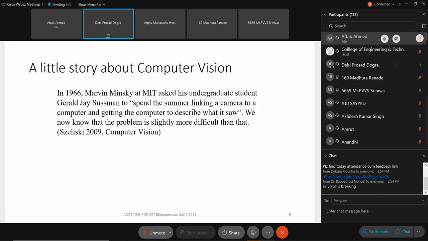You can understand that in the 60s, when the computer itself was not easily available, it was not in the form of semiconductors, it was in the form of vacuum tubes. You can understand how difficult it was. But people thought about it because the problem was there. Maybe the equipment was not available, but the problem was there.